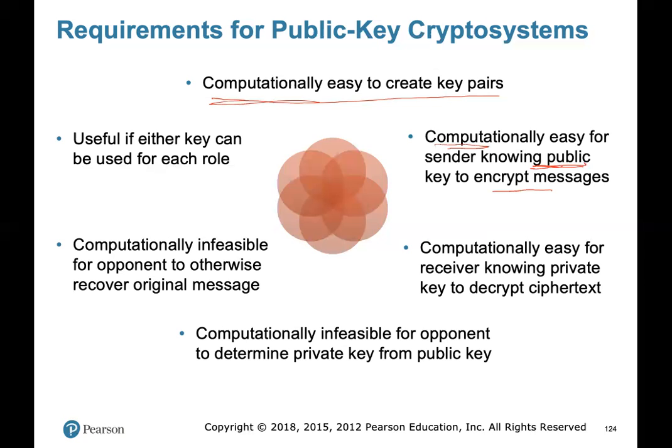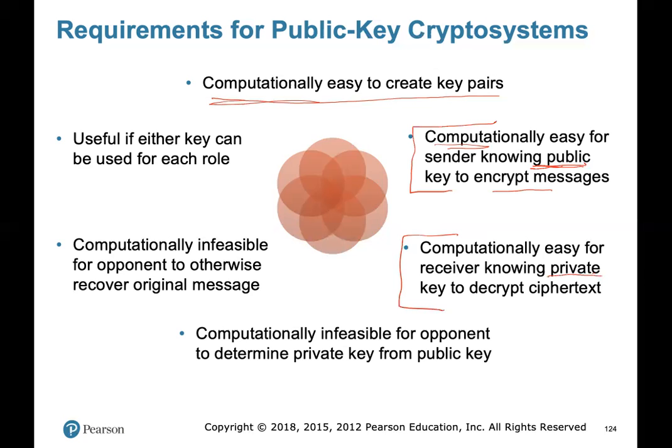But anyway, this property says if I'm an eligible individual and I have the public key available, it should be computationally easy or feasible for me to do the encryption. It should be computationally easy for me to decrypt the ciphertext given the private key.